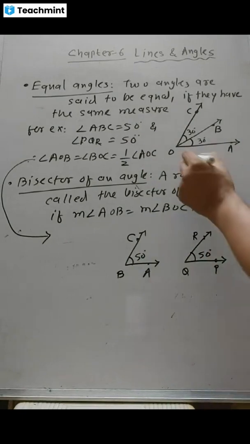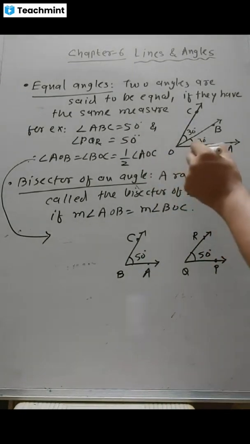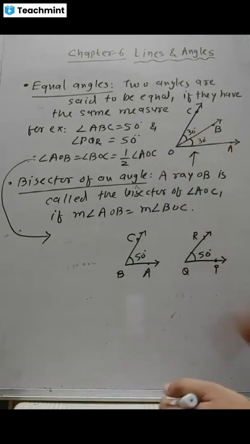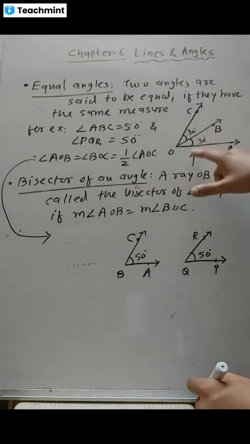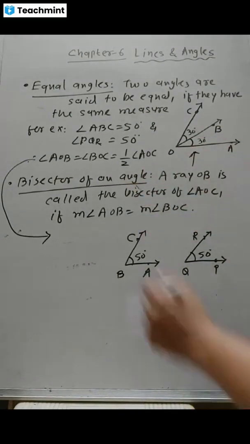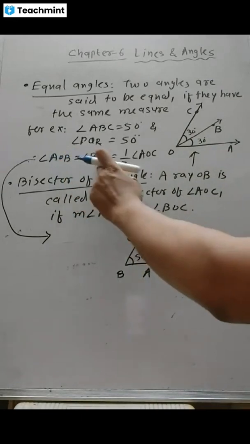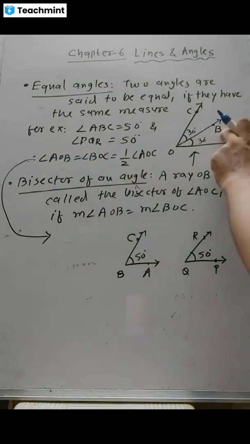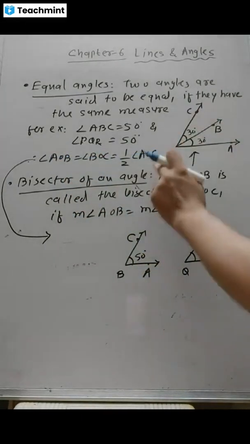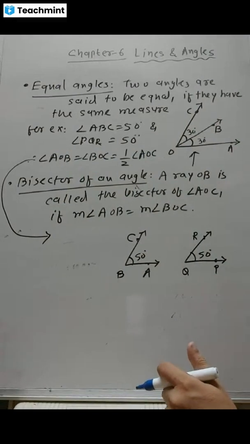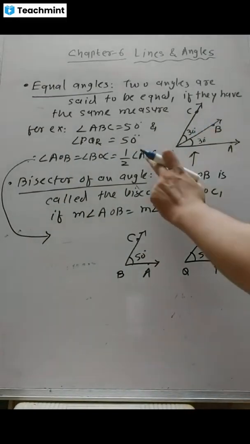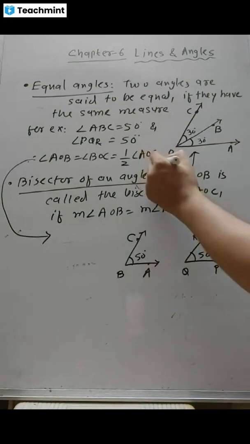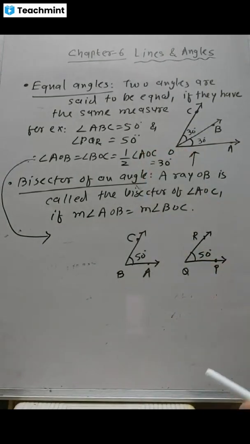And that is the figure of the bisector of an angle. Angle AOB is equal to angle BOC, that is equal to half of angle AOC, which is 60 by 2, that is equal to 30 degrees.